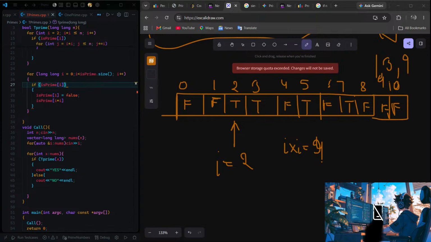Now, what's the problem? The problem is that n will be up to 10^12. So if i is 10^12 and I multiply it with i, it will become 10^24 and it will never be stored anywhere. So I got either a TLE or a compilation error or a runtime error.